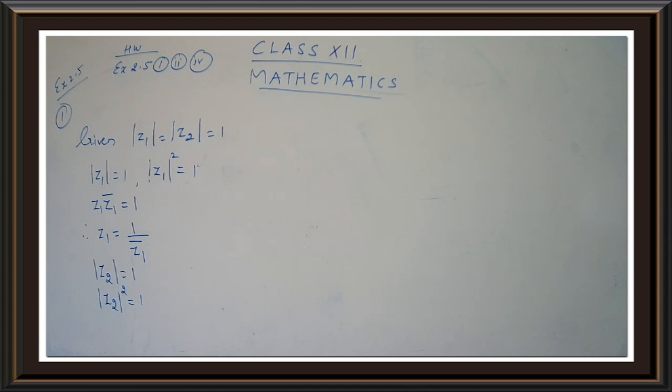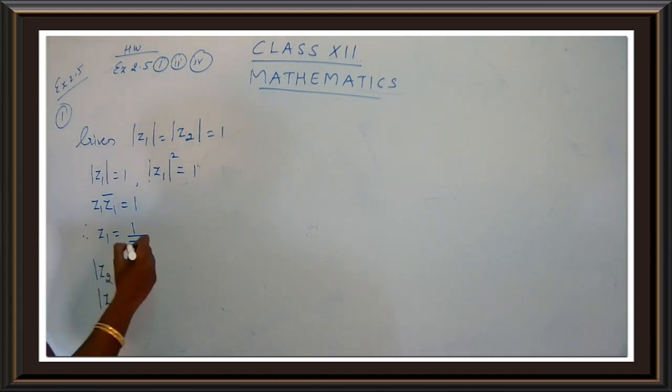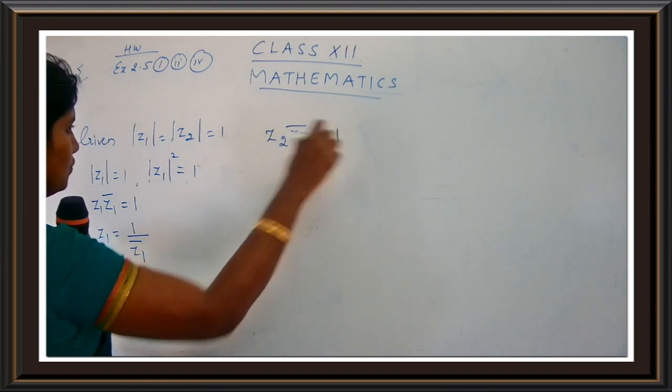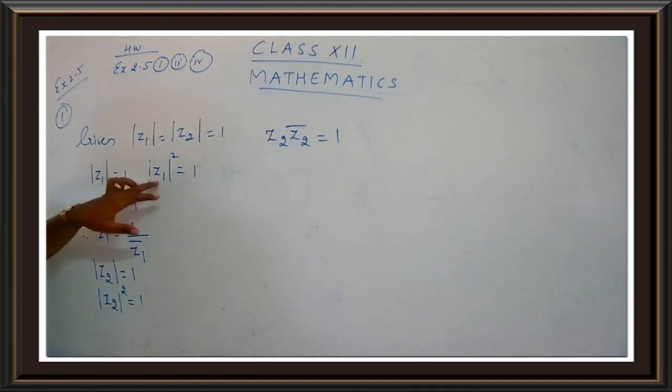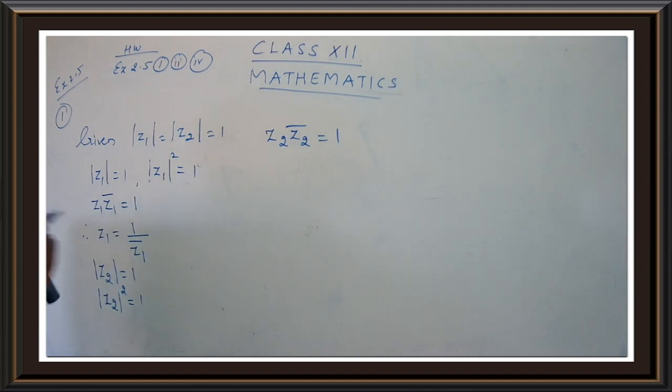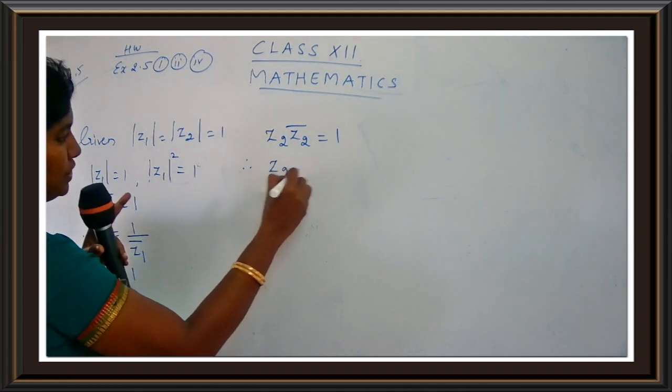Yes, it's modulus of Z2 square, children. So how are you going to write it? You have to write it as Z2 into Z2 bar is equal to 1. For Z1 we wrote Z1 into Z1 bar, yes. Same way for Z2, you have to write down Z2 into Z2 bar is equal to 1. So therefore, Z2 is equal to 1 upon Z2 bar.